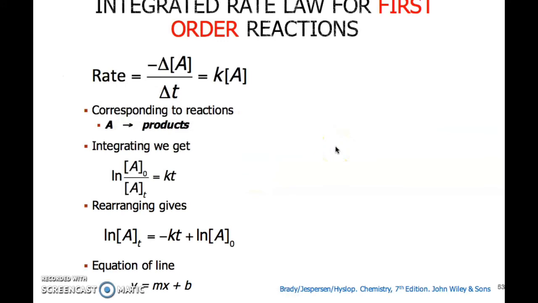Integrated rate law for first order reactions, and this is the first order, and for the first, second or zero order, for this part you just remember the formula, and we do the exercise or tutorial, and then you can understand it.